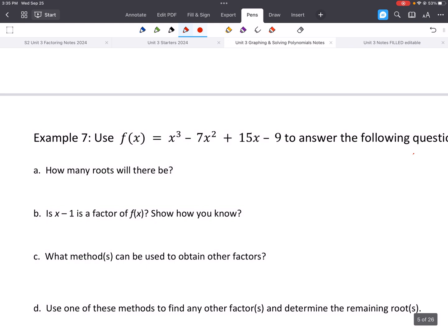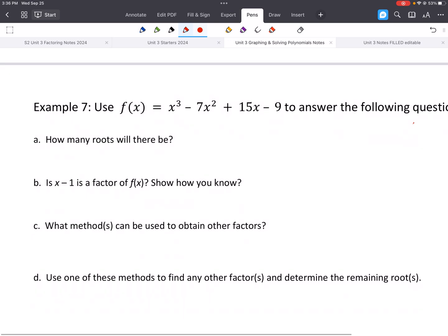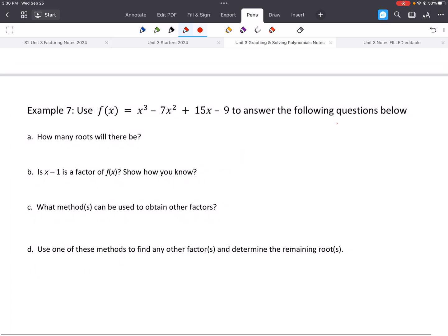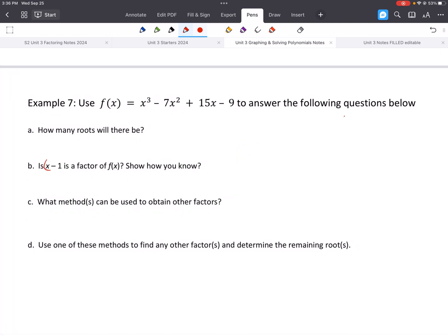This one, I'm trying to decide if I want to go over this one. Sure, let's do it, okay? This one actually tells you, well, we're going to say that it tells you that it's a factor. So it's a lot like the one we did at the very beginning.